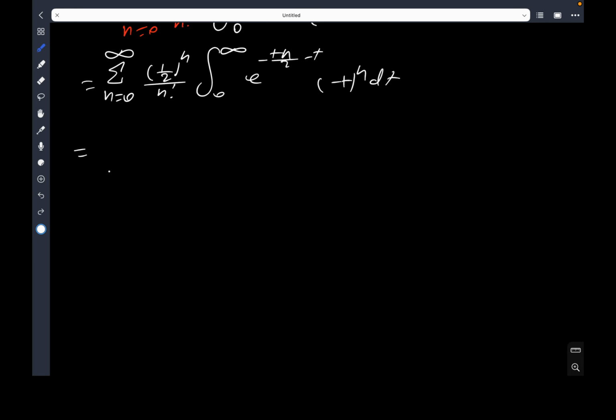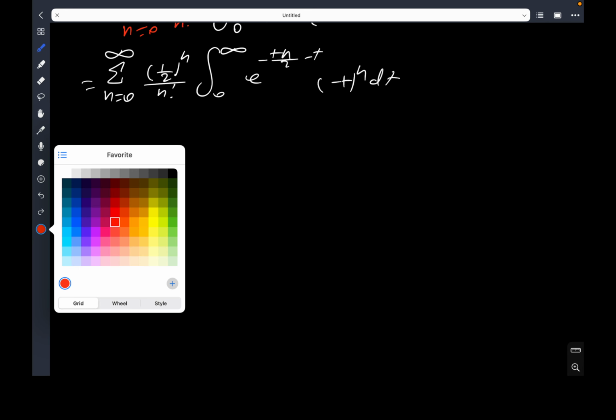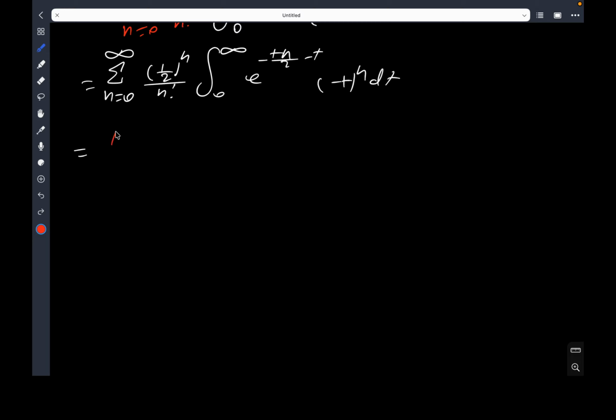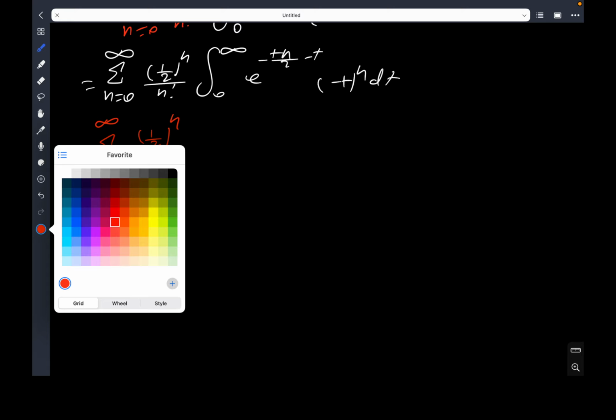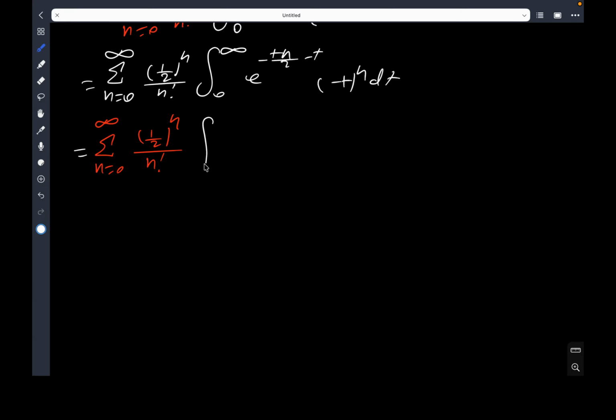So it's going to be the infinite sum from 0 to infinity of the series here, (1/2)^n over n factorial, times the integral from 0 to infinity of e to the negative t times (n/2 + 1), where I can factor out the 2.